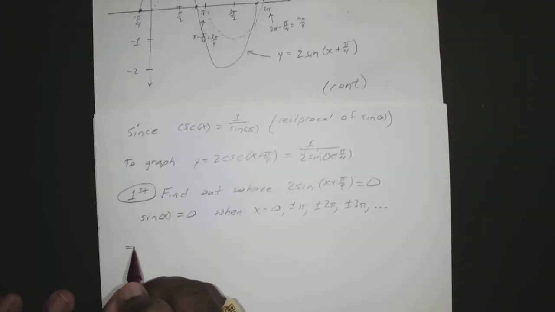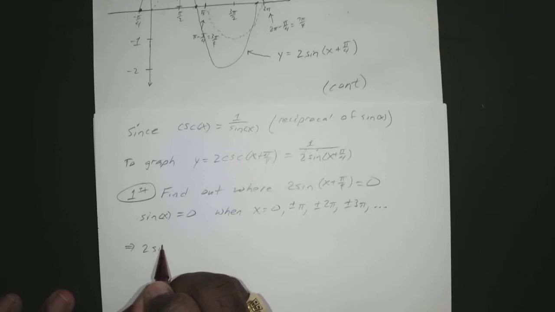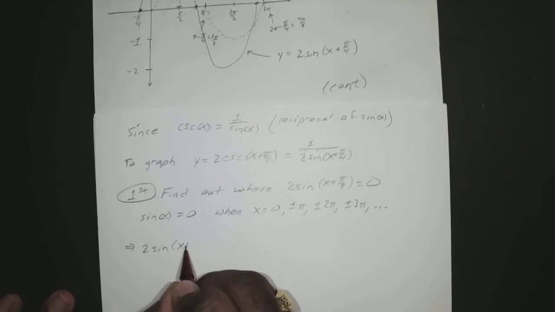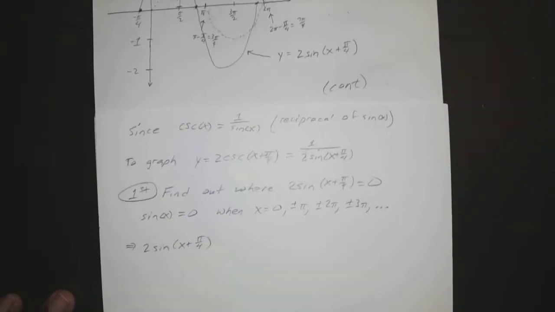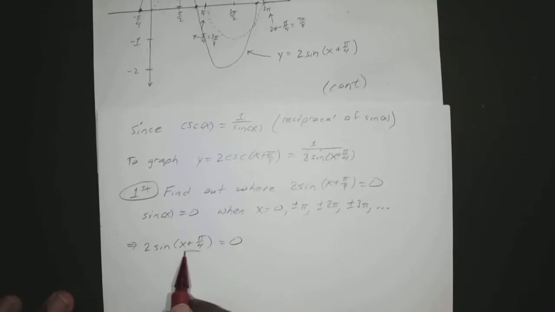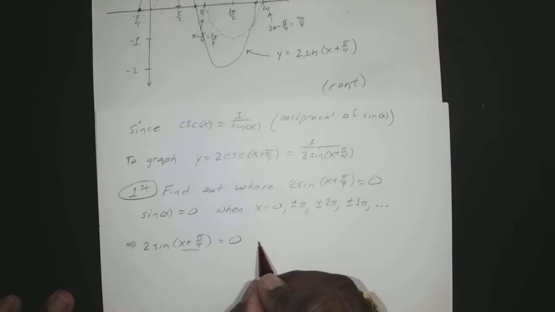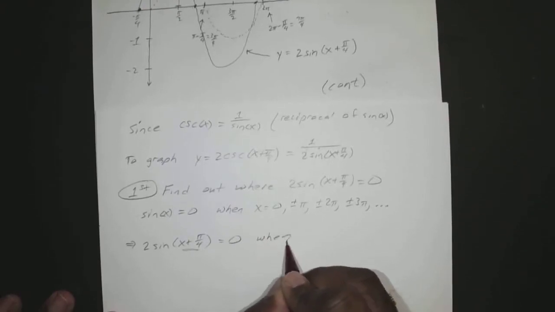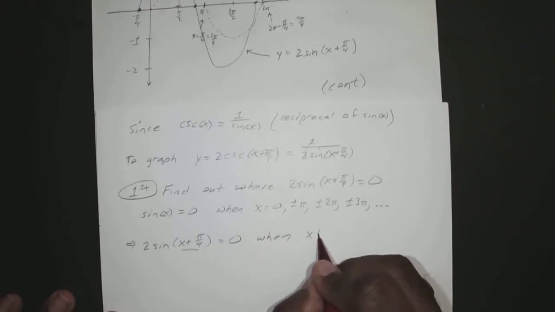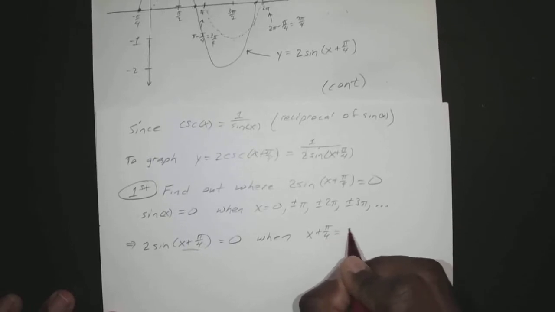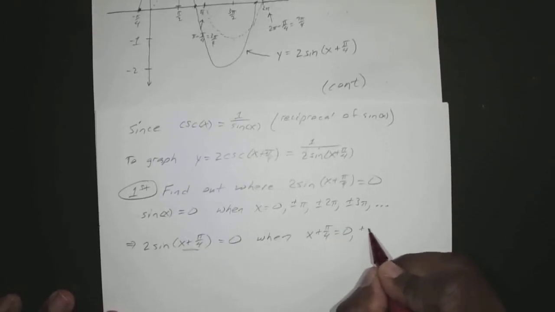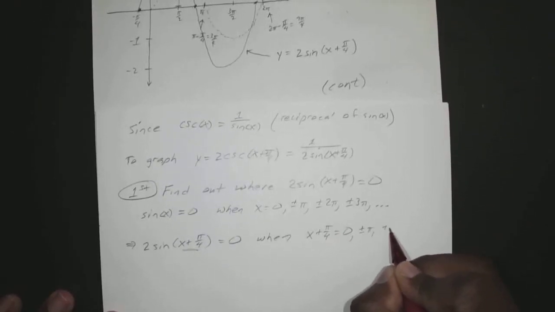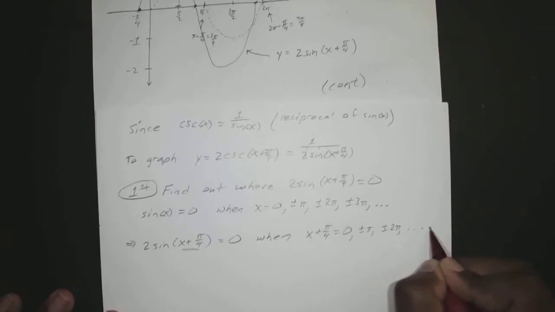So that means if you have 2 sine of x plus pi over 4, that will equal 0 when x plus pi over 4 equals 0, positive or negative pi, positive or negative 2 pi, etc.